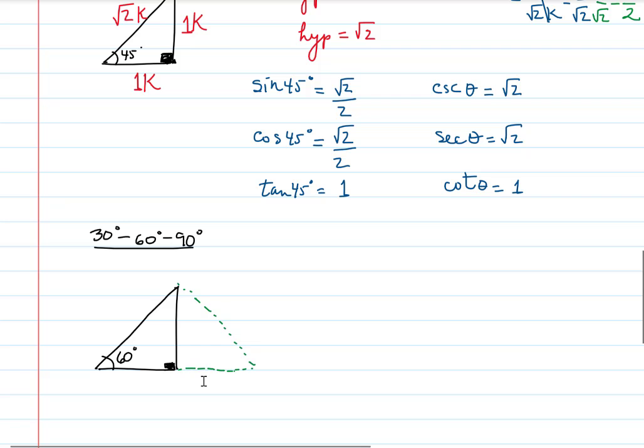So for the sake of argument, just to put nice numbers in here, if I let each side of the equilateral triangle be 2, that's 2, this is 2, this bottom one will have to be 2, but because this height cut it right in half, then this will have to be 1, and that will have to be 1.